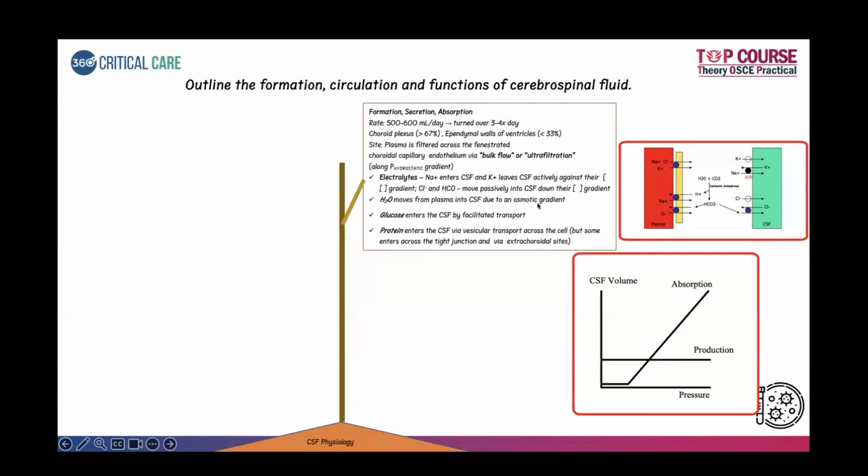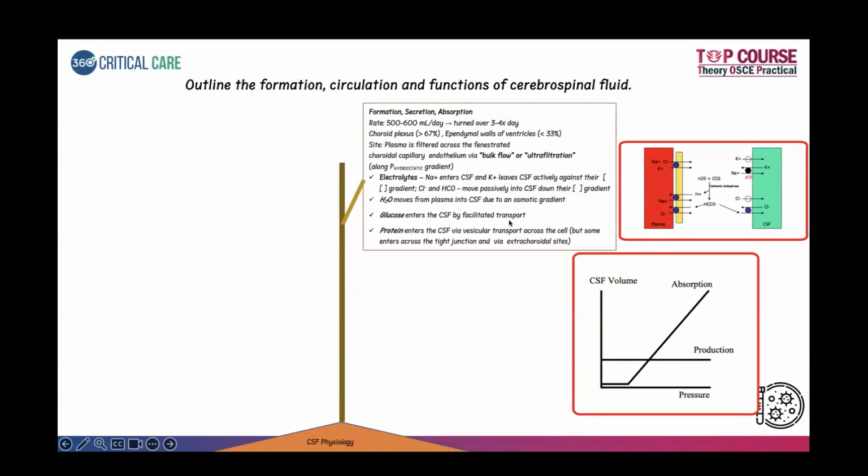So the major constituents are electrolytes, sodium and potassium, which move against their concentration gradient. That's the active process. The negatively charged ions, chloride and bicarbonate, move passively into the CSF along their concentration gradient, and water goes through the osmotic gradient. So this is how the CSF is formed. If you write this much, that should be enough.